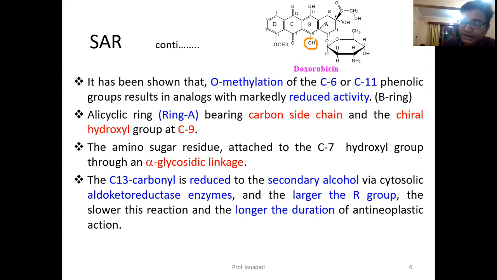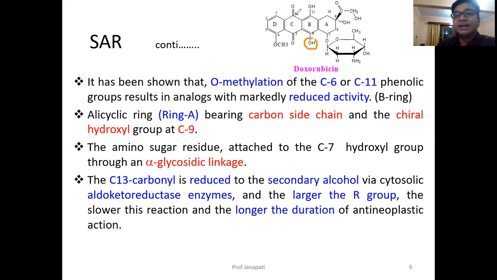Now, ring A bears a carbon side chain. This is what we are discussing. And a chiral hydroxyl group. Now at the 7th position, there is a glycosidic linkage which is attached. Now at the 13th carbon, carbonyl group reduction to alcohol.